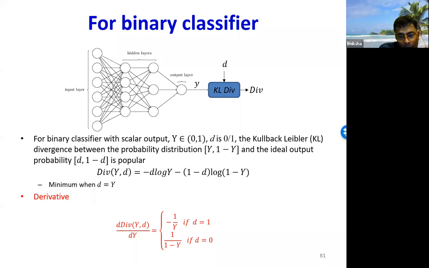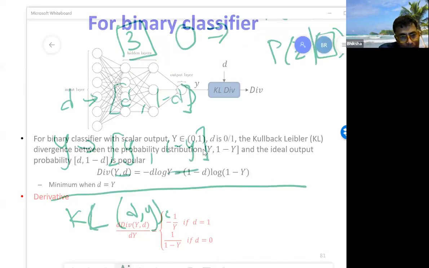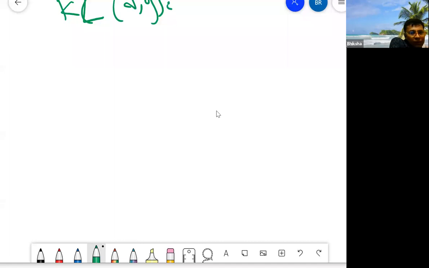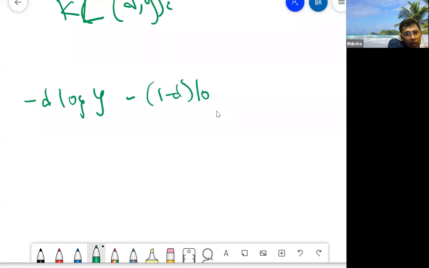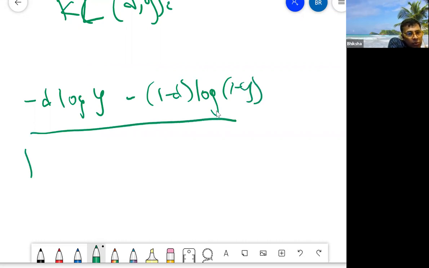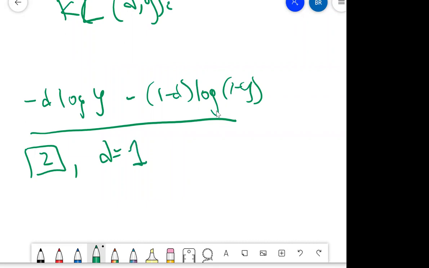Now, look at what happens over here. I'm writing this as minus of D log Y minus 1 minus D log 1 minus Y. So if I'm trying to build a classifier for the digit 2, and the training instance is actually an instance of 2, then what is D going to be? Anyone? It's 1. So what will the Kullback-Leibler divergence become?